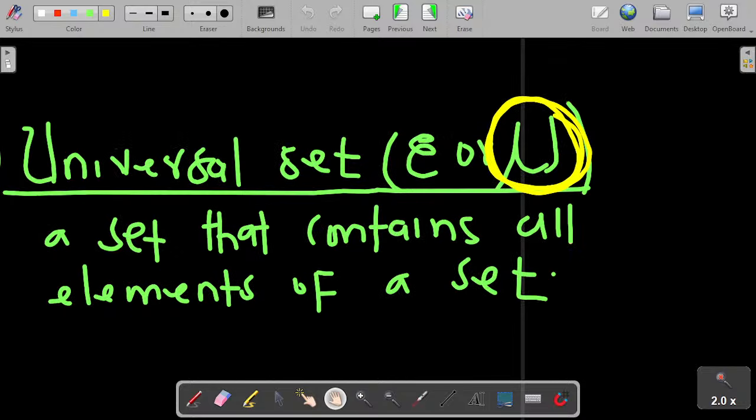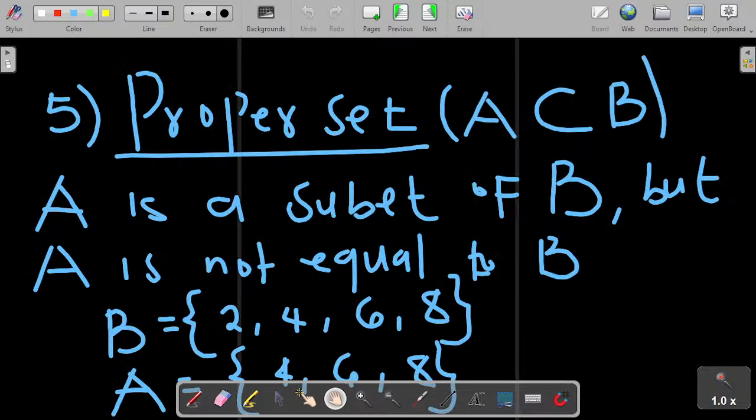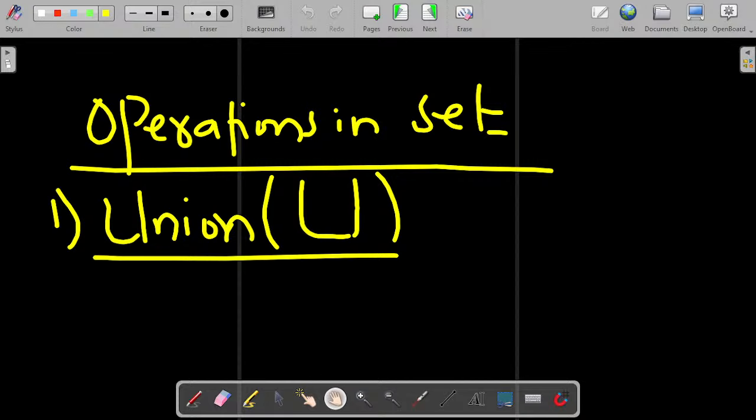Can you see the difference between the universal set and the union? Yes. So you don't mistake both of them as the same. They are different. So what is union of sets?